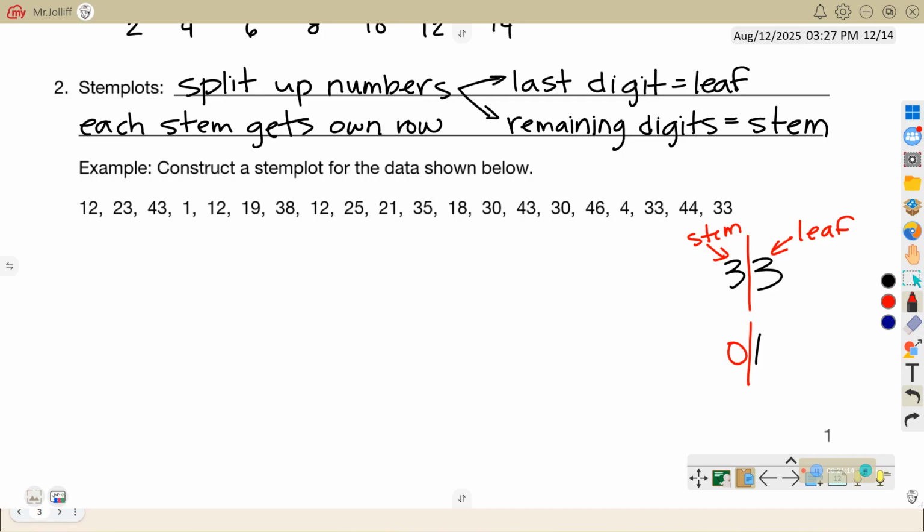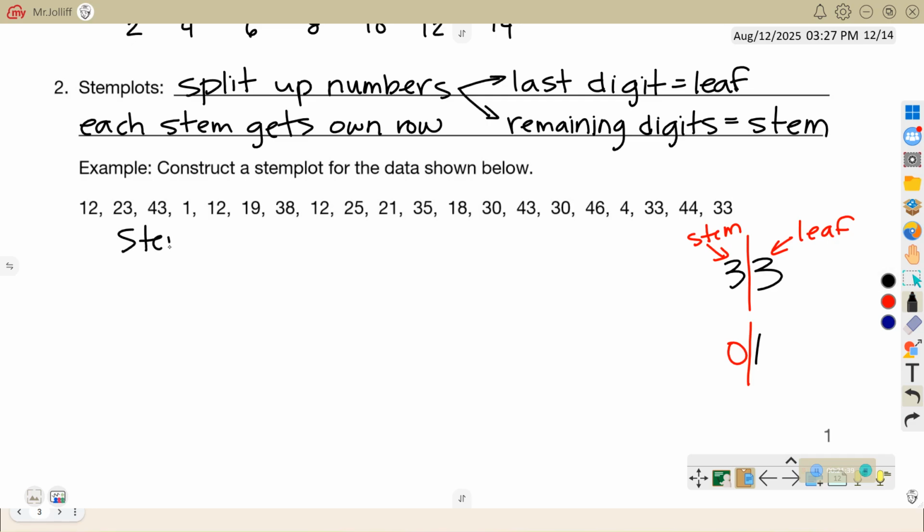That's a new number. So for single digit numbers, these are the only exceptions. You need to put a leading 0 in front, so they have 2 digits just like everybody else. So 1 and 4 have a stem of 0. 0, 1, 2, 3, 4. 5 stems. So I need 5 rows in my table.